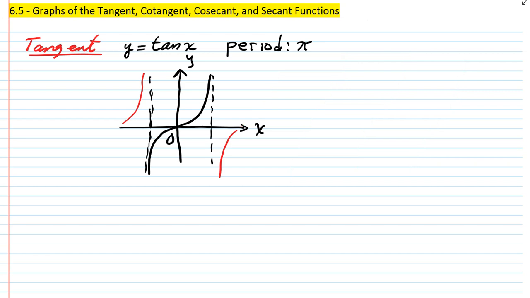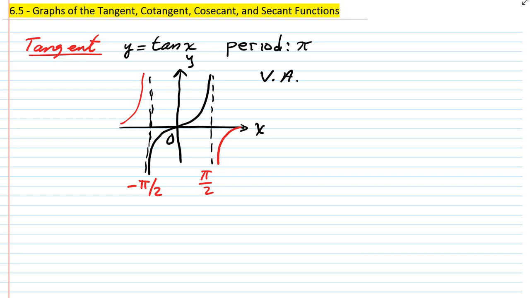All right, so the asymptotes for the first cycle lie at negative pi over 2 and pi over 2. That gives you the first set of vertical asymptotes of the graph of tangent. And let's see, the general equation for the vertical asymptotes of tangent.